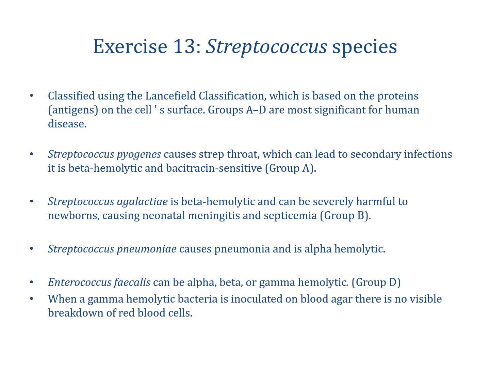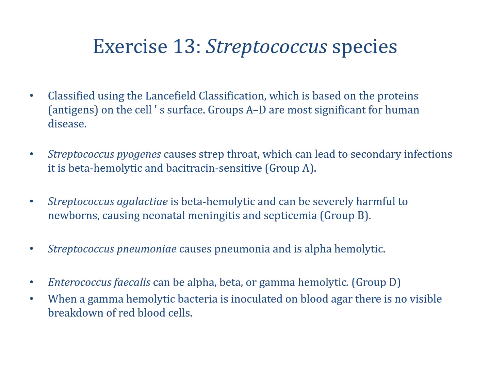So the study guide wants you to describe and give an example of different Streptococcus species between group A, B, and D. For group A, I would put Streptococcus pyogenes, which is beta hemolytic and it's bacitracin sensitive. Bacitracin is just an antibiotic that the species is sensitive to.